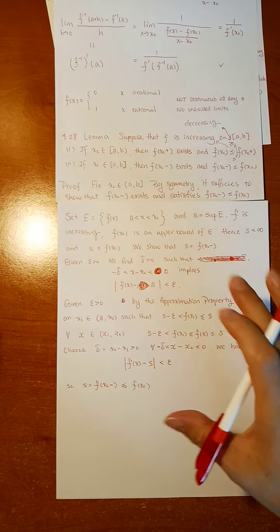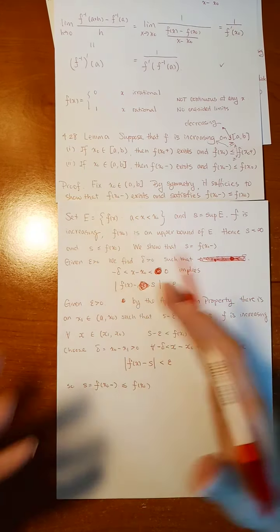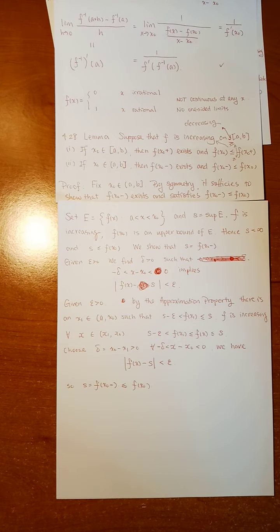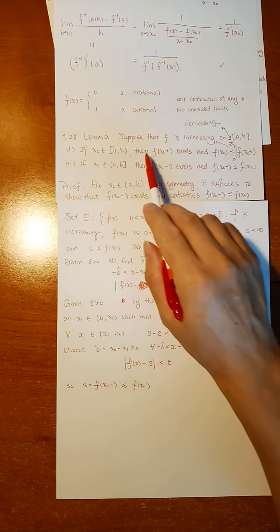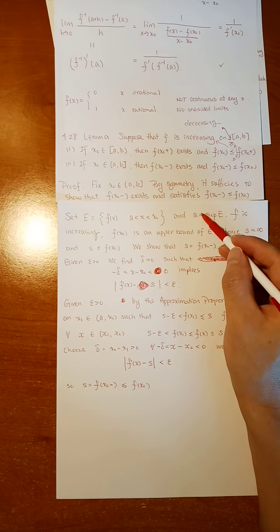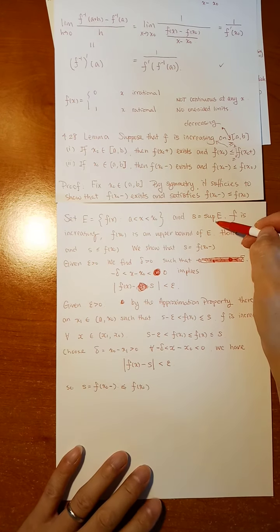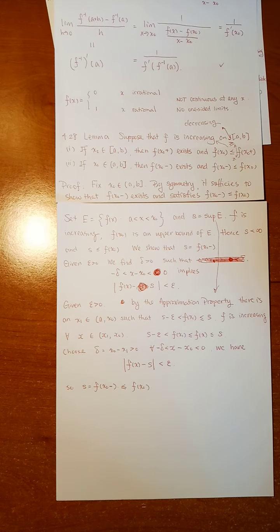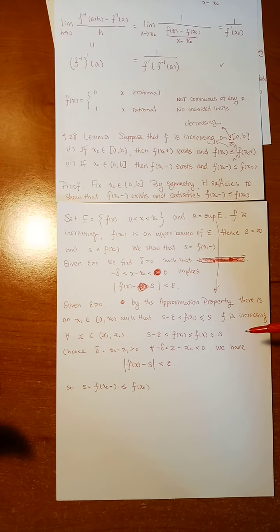By symmetry we can show the other one-sided limit, they're almost the same thing. Again, why do we choose the proof of the second part instead of the first part? Just because for the second part you have the supremum, and for the supremum, you have the approximation property listed in the textbook. That's the only reason we selected the second part to show it.